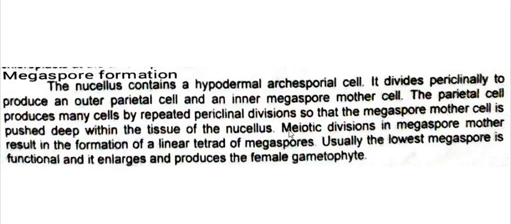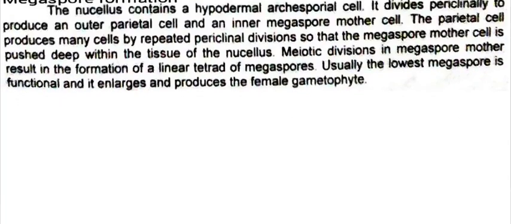Then in the megaspore mother cell, reduction division occurs and a linear tetrad of 4 haploid megaspores is produced. Usually the lowest megaspore is functional and it enlarges and produces the female gametophyte after germination, and the upper 3 megaspores degenerate.